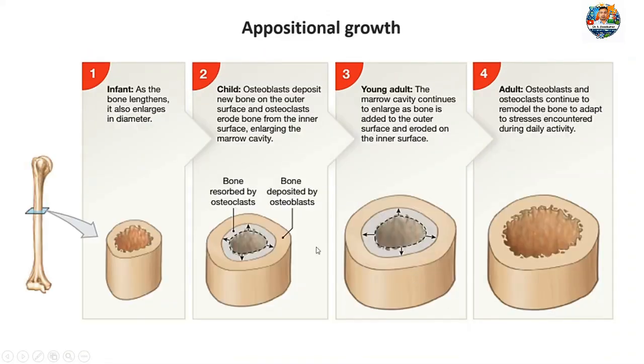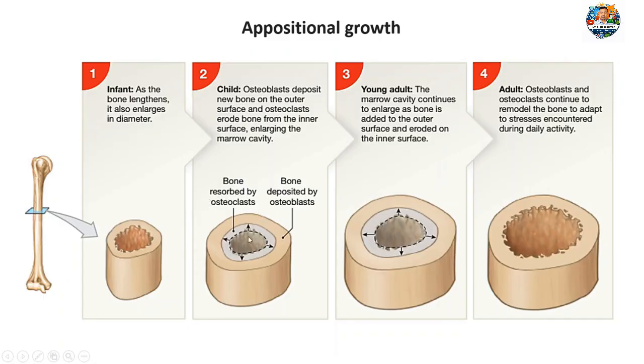The bone not only grows in length but also in diameter, and the increase in diameter occurs through appositional growth of the bone. This occurs because of the activity of two types of cells, osteoclasts and osteoblasts.